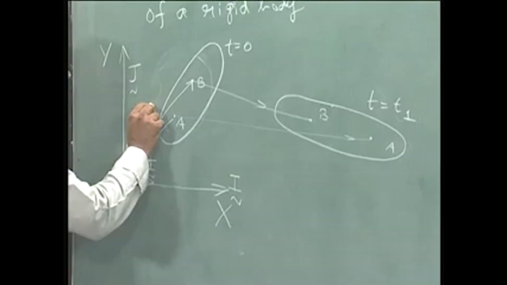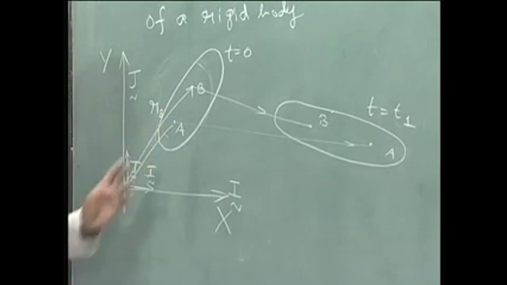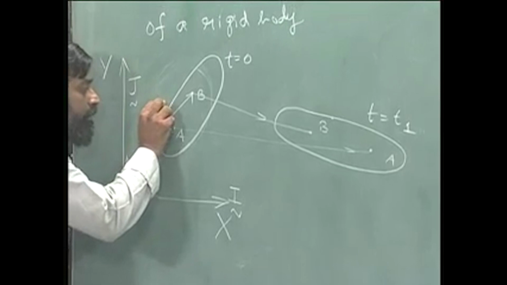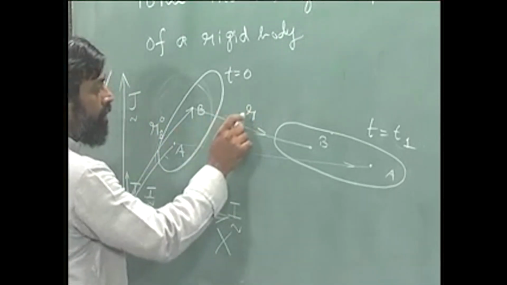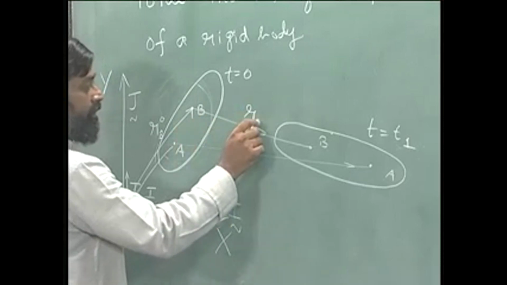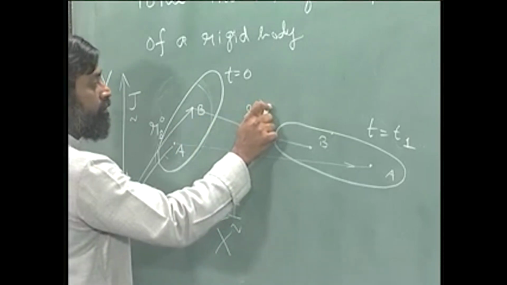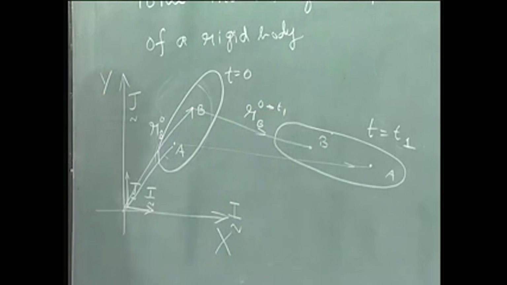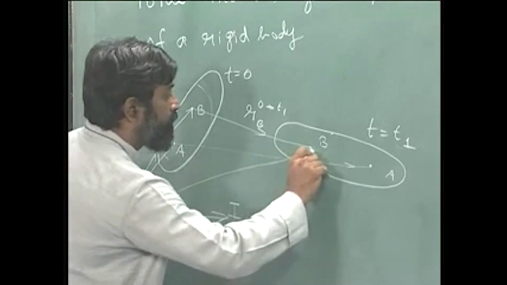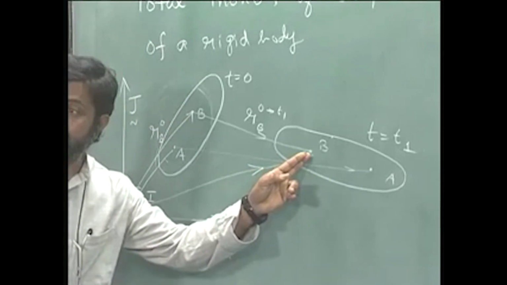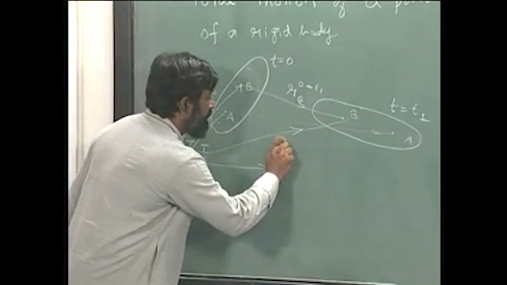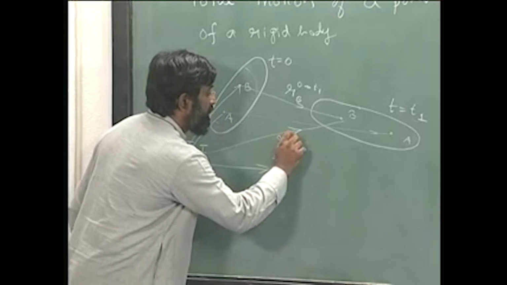So, let us say this is RB current. So, let me just put an RB naught. If I add that to R, this is B going from 0 to t1, then I can find out the complete motion of this particular point B, right. So, let me call this RB at time t1.